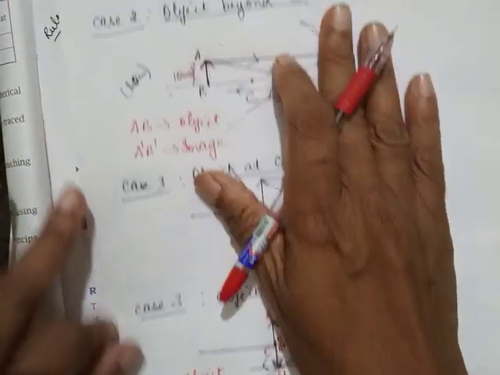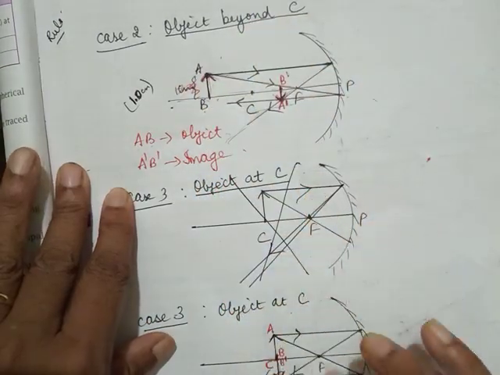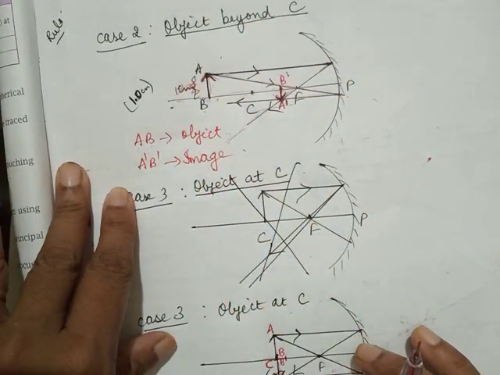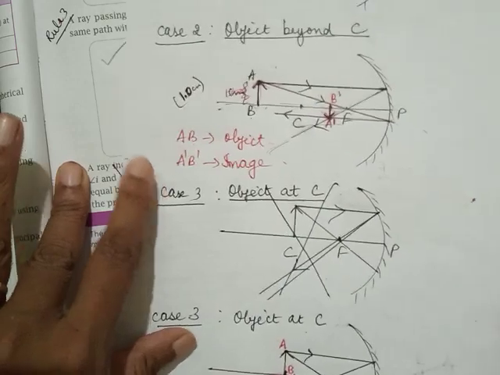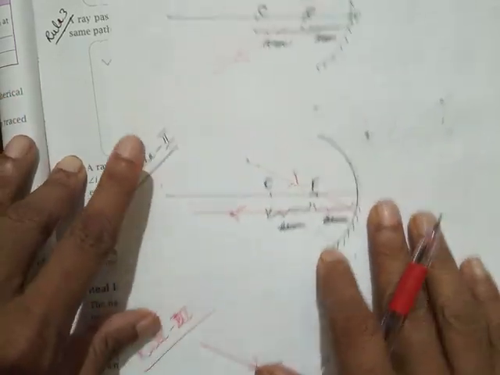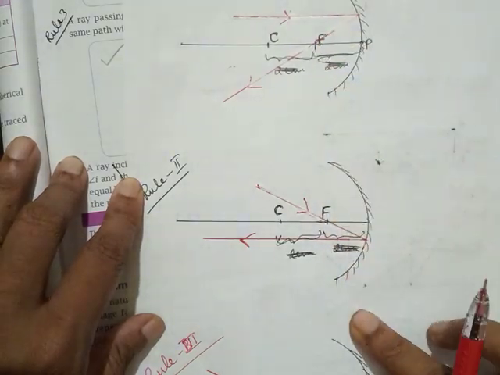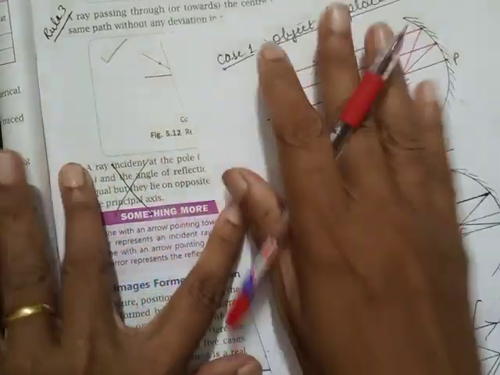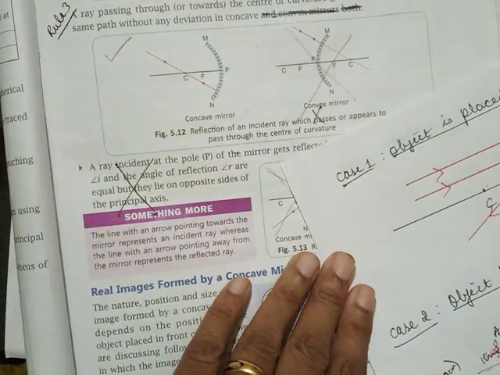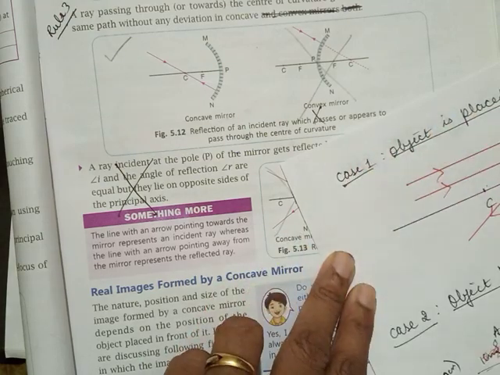So I want these 3 diagrams to be drawn in your notebook. The work for today is writing all the 3 rules and drawing all the diagrams for the 3 rules. There is no question related to it.